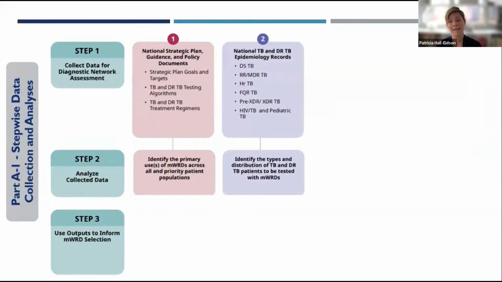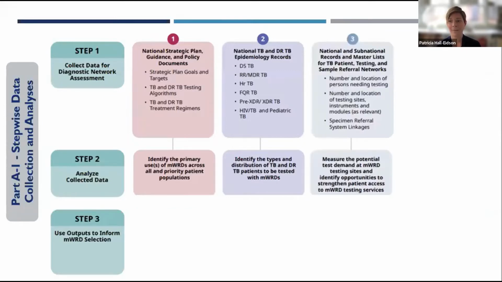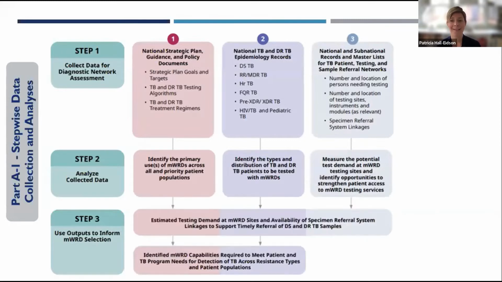Next, the national and subnational drug susceptible, resistant, co-disease, and pediatric TB testing epidemiology, along with any other key or vulnerable populations that need to be considered in your setting, highlighted here in purple, are collected to identify the types and distribution of specific patient populations in the country that require access to mWRD testing. Then, data for the number and location of health facilities serving those patients, testing their samples, as well as the specimen referral linkages between those site types are reviewed and combined with the first 2 data streams.